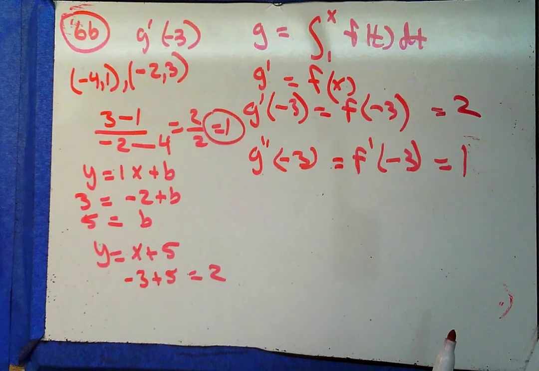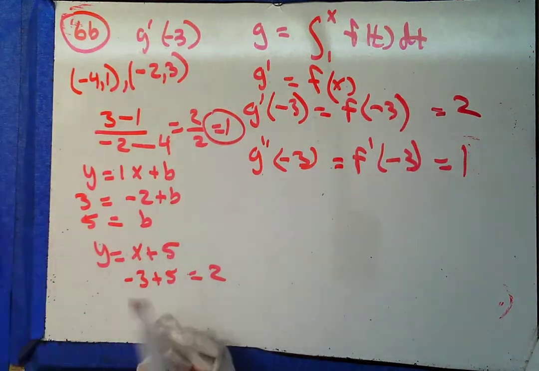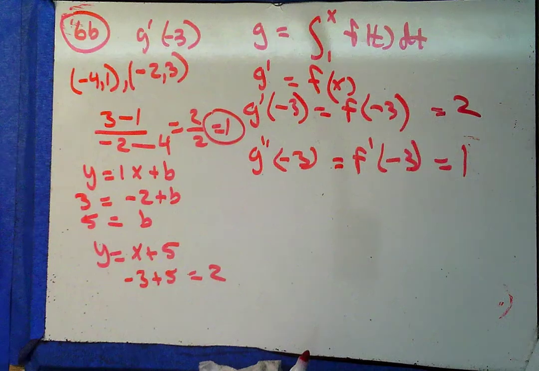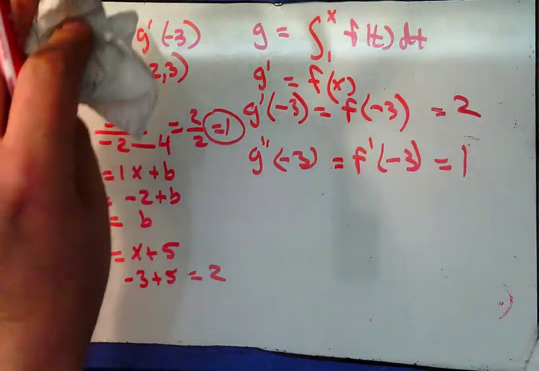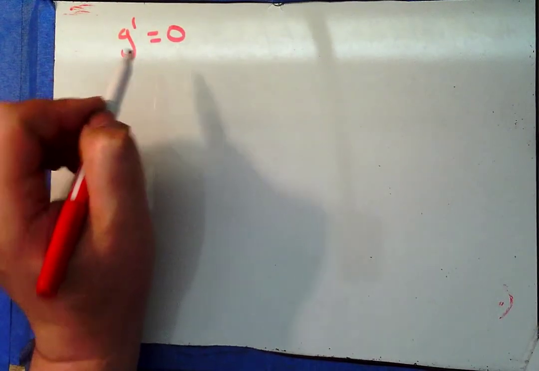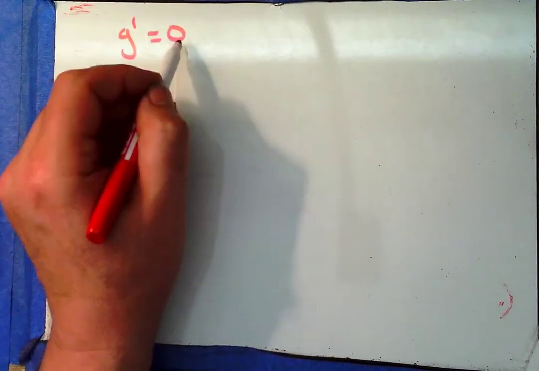Okay, so part C, find the x-coordinate for which the graph of g has a horizontal tangent. That means g prime equals 0. A horizontal tangent has a slope of 0, so g prime must equal 0.